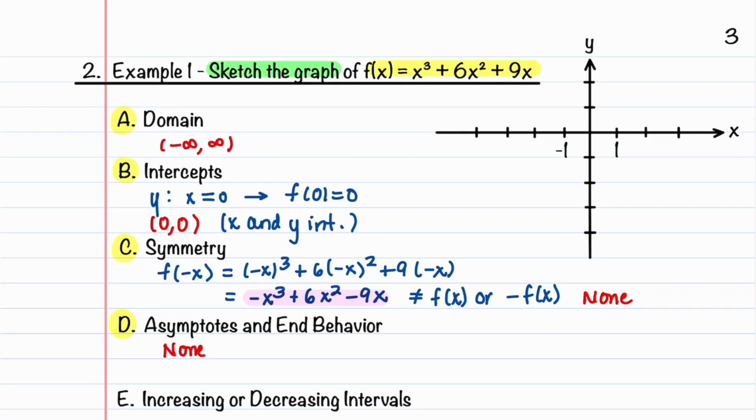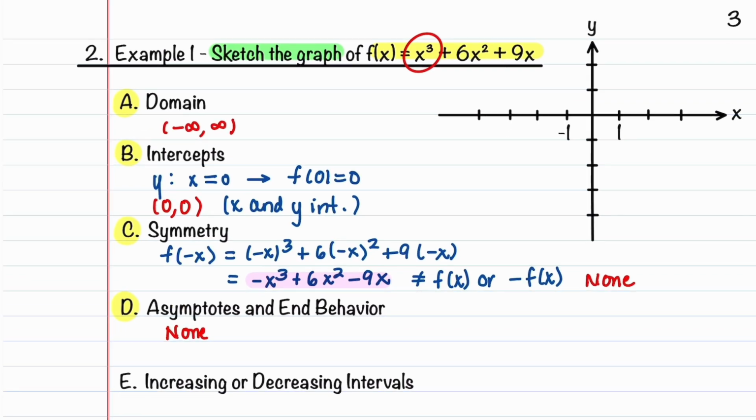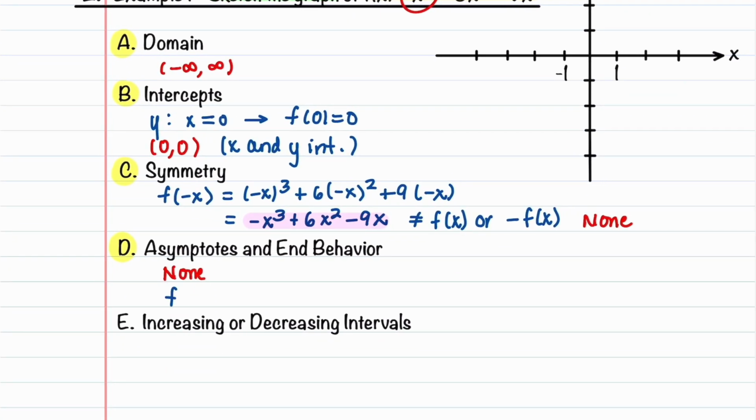One thing that is really nice when we look at end behavior is when we have a polynomial, the end behavior is going to be solely dictated by what we call our leading term, which is x cubed in this function. So all we really have to do is look at x cubed. So we can say that f at infinity is approximately x cubed, which is infinity cubed.